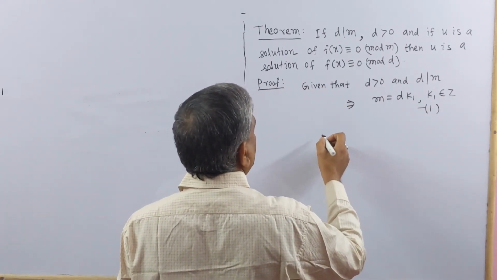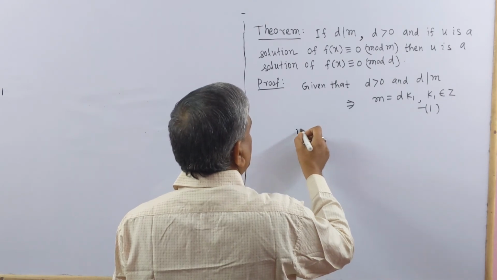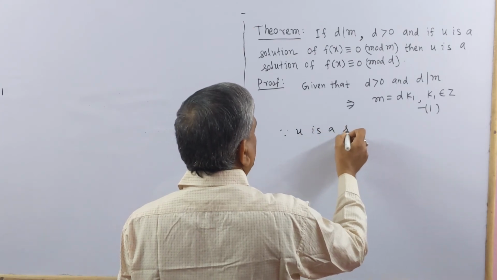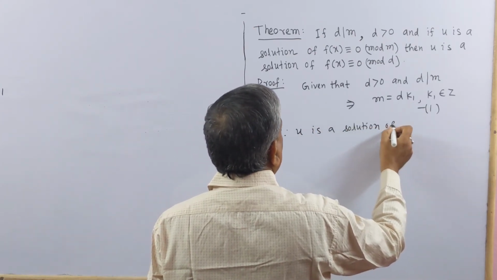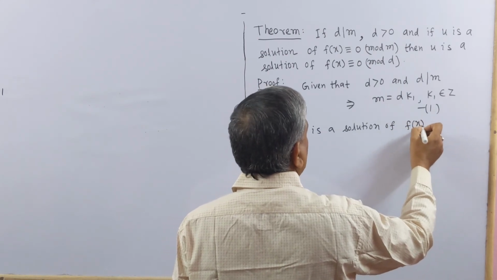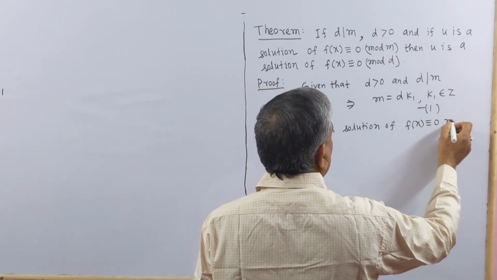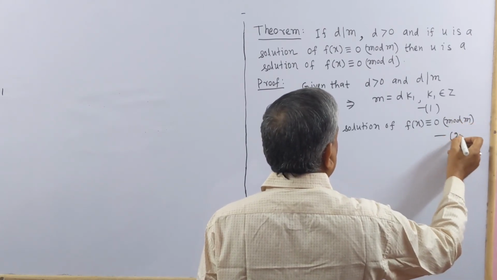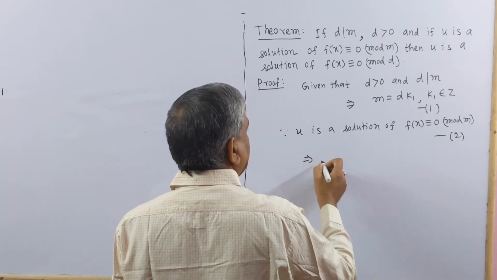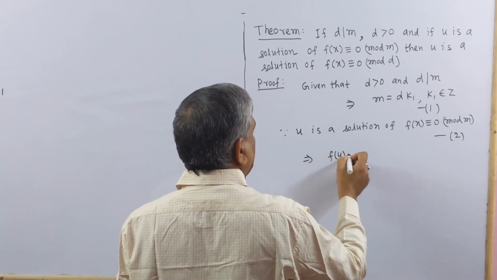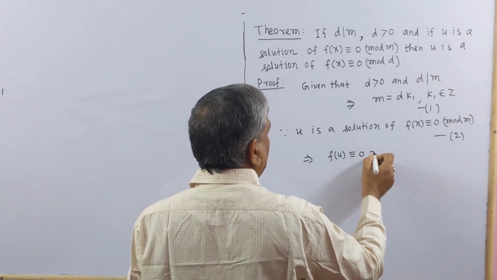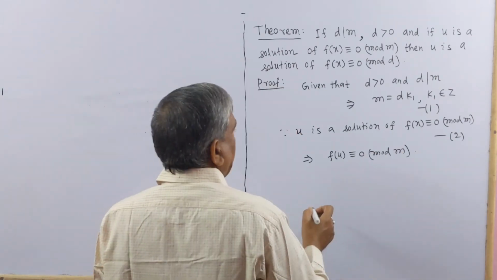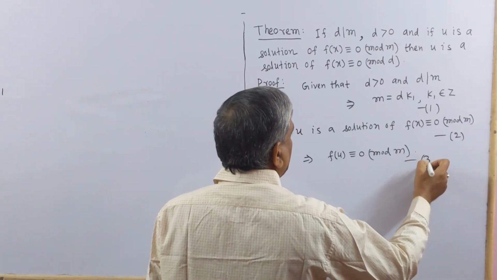Also given that u is a solution of the congruence f(x) ≡ 0 (mod m). This is number 2. This implies that f(u) is congruent to 0 modulo m. This is number 3.